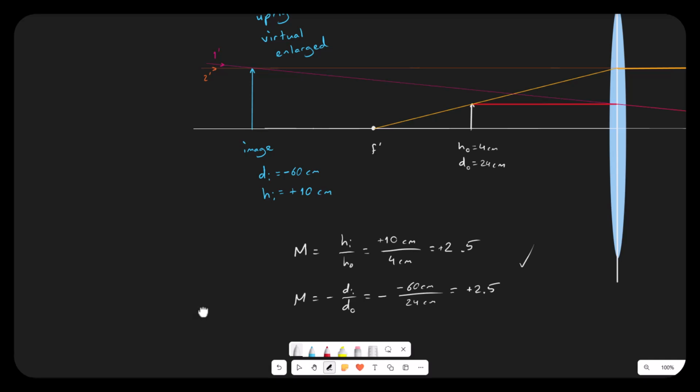And now I can make a couple of quick summary statements. For a convex lens, if my object distance was bigger than my focal length, then I got a real, inverted image.